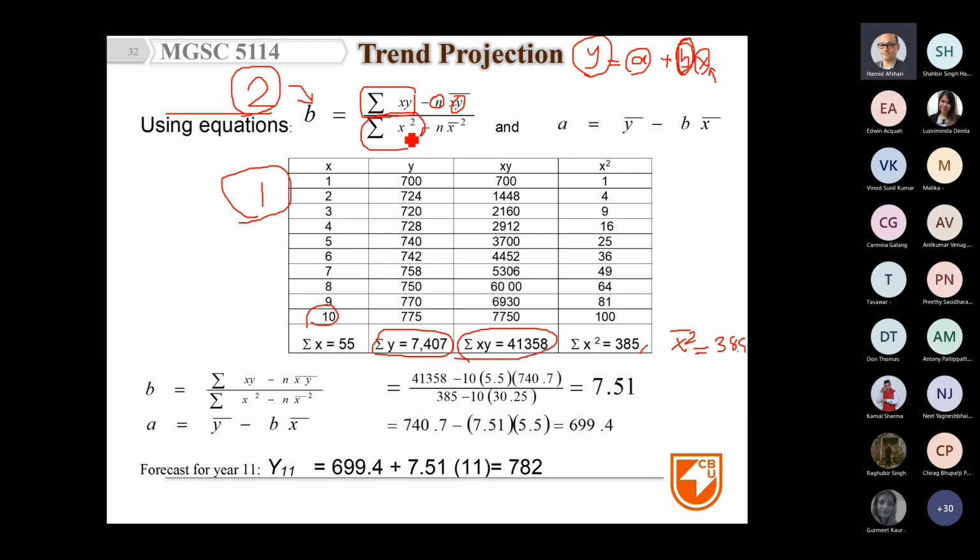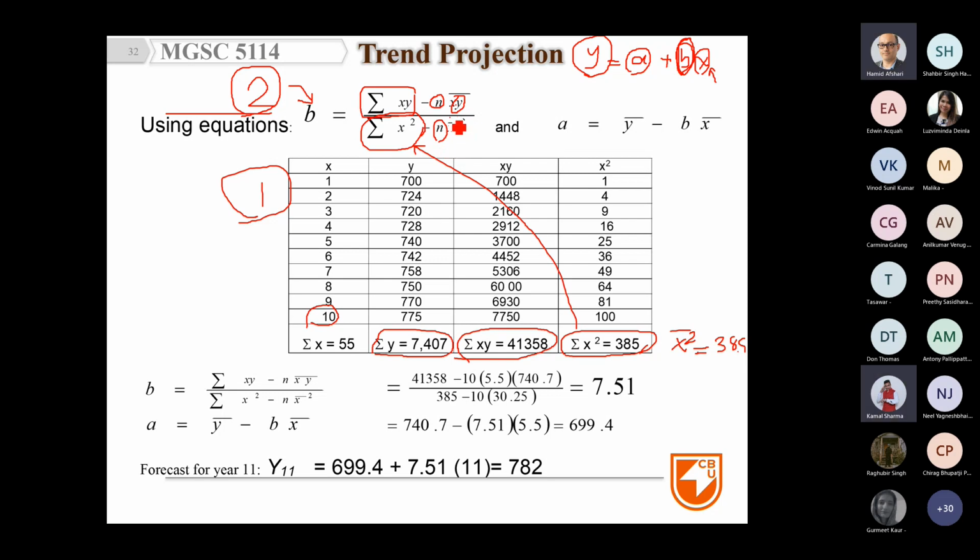Be careful here. This is the summation of them, and then I have n, which is again 10, and then x bar squared.